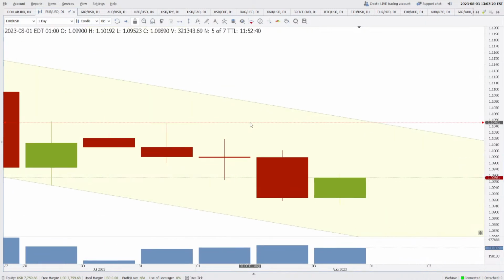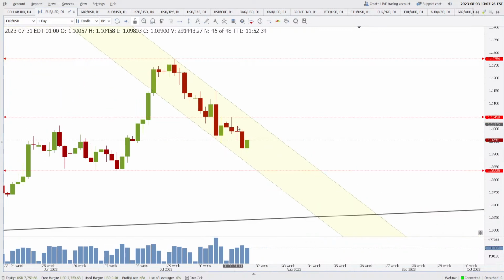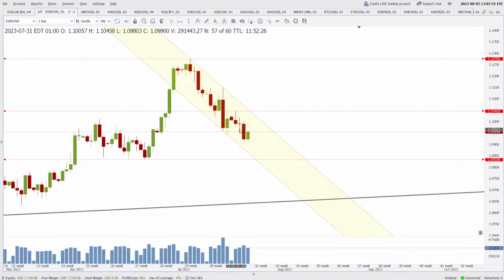Sorry, this high, which is around 1.10458, is a very important level, because if this breaks, this down move will be negated and the price will resume the uptrend, which we are expecting in the near future. But on the way down, if it trades anywhere below this crucial level, why is this a crucial level?